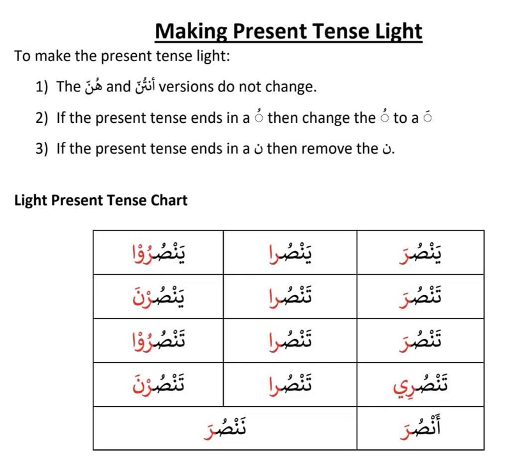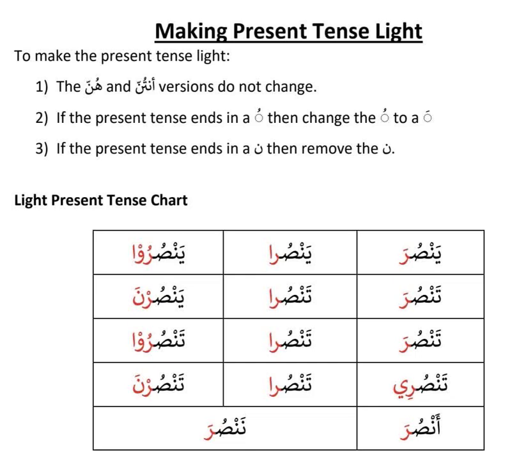So here an will make yadribu, the normal fihl like yansuru, it should be yadribu, but because of an, it makes the yadribu light. So it will become yadriba, like yansura. So an yadriba means to present. But meaning is not important now. What is important is that an made the yadribu into yadriba, made it light.